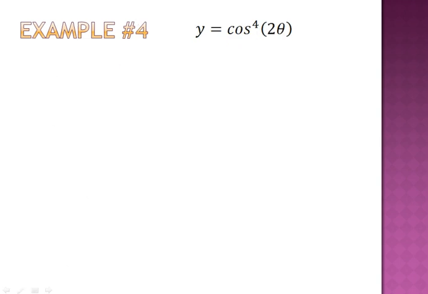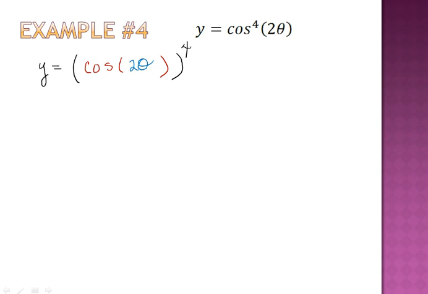In this example, can you tell how many layers there are? I'll write it in color so you can see all of them. The first layer is that power. The second layer is the cosine function. The third layer is the angle 2 theta.